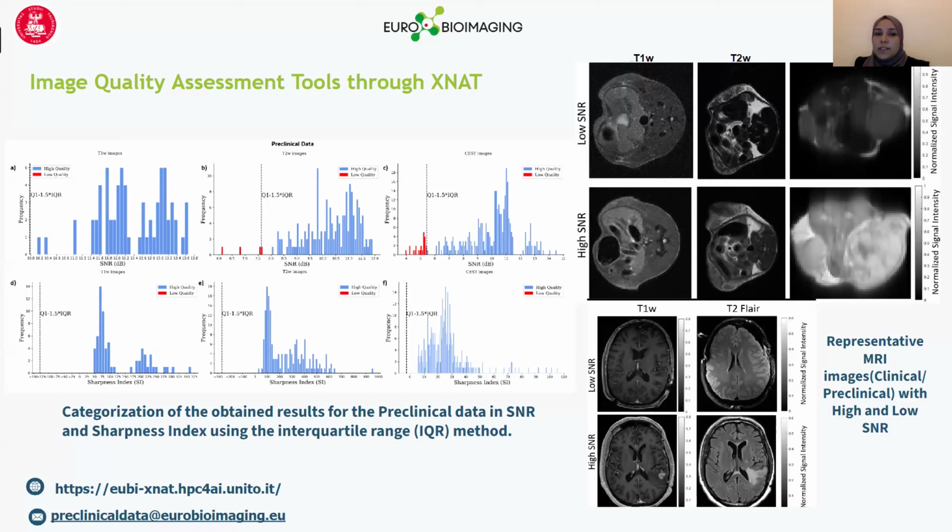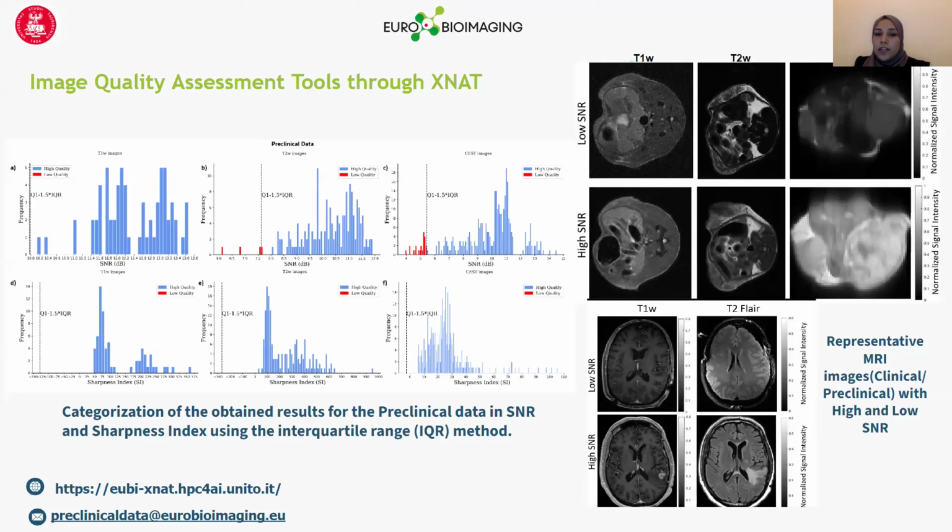From the plot, you can see that we successfully distinguish between low quality images and high quality images, especially for the datasets coming from T2 and CEST data, where you can see that there are some scans in red, which are labeled as low quality in terms of SNR.